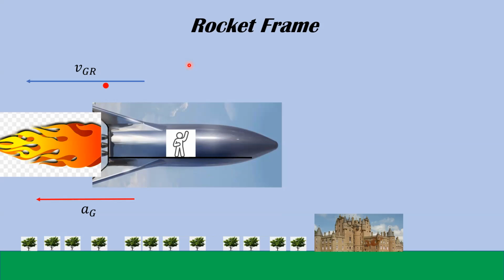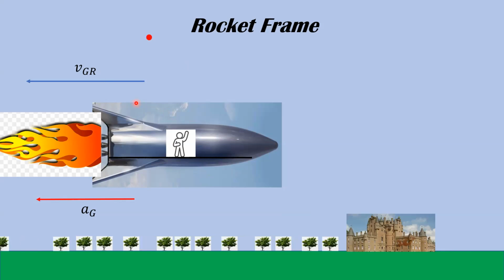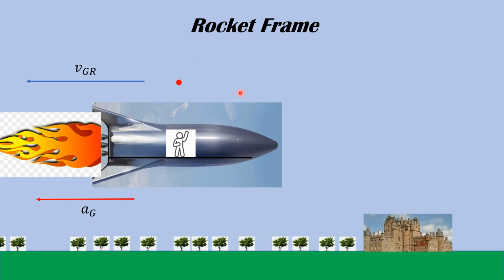If the airplane is moving in a straight line at constant speed, then you might as well be parked. You can safely pour out that drink. That's not what's happening here. The rocket ship is speeding up. And so it almost appears as if there's some invisible force accelerating this ball to the left.